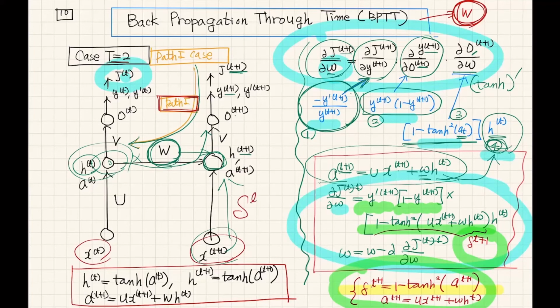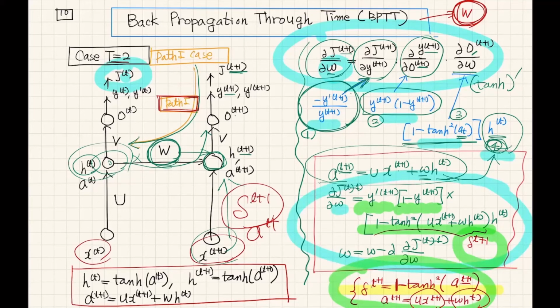So delta t plus 1 is 1 minus the tangent hyperbolic function of at. At is defined by the multiplication of the U matrix with the input and the W matrix multiplied by the previous hidden layer.